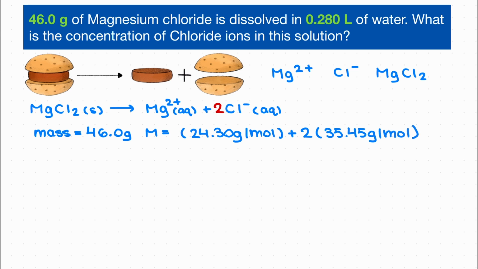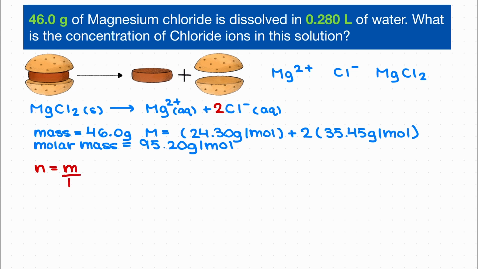If we type that into our calculator, we're going to get a molar mass. Let me just write that out here. Molar mass is equal to 95.20 grams per mole.